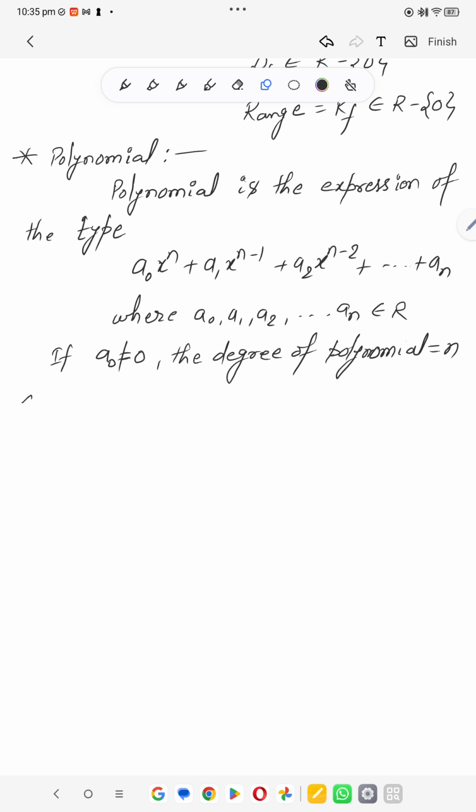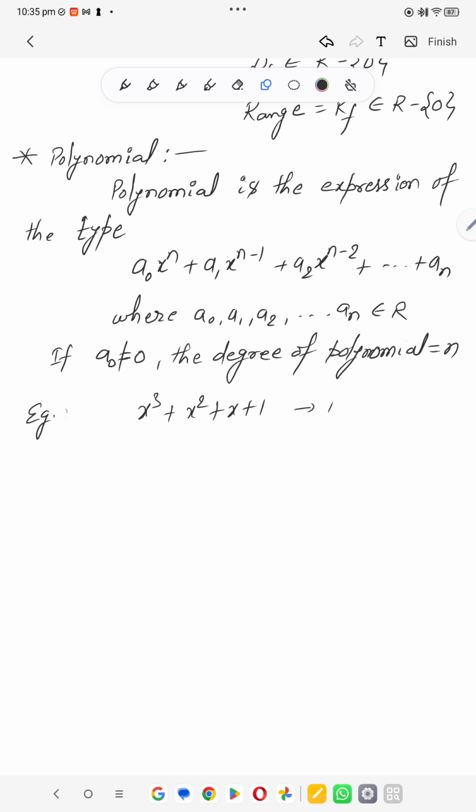For example, x cube plus x square plus x plus 1.